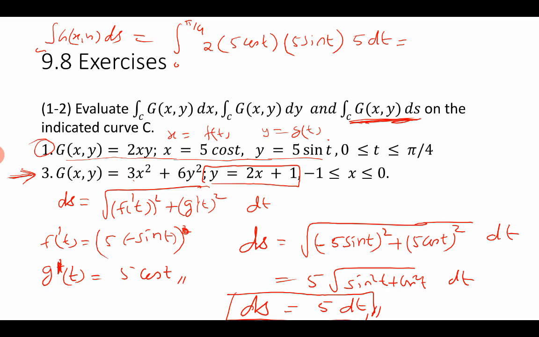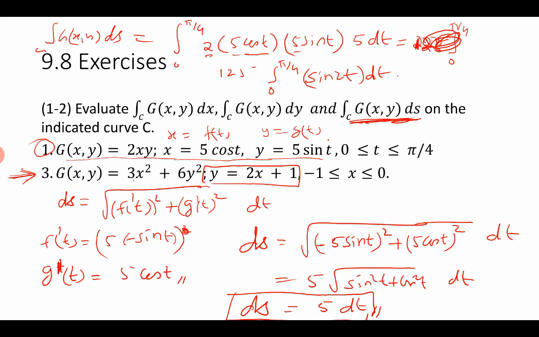So what appears next is 5 times 5 times 5, integral 0 to pi by 4 sin t. Okay, you can write 125. There is a reason why. If I multiply 5 times 5 times 5, I write 125 integral 0 to pi by 4, 2 times cosine t sin t. I will write sin 2t dt.